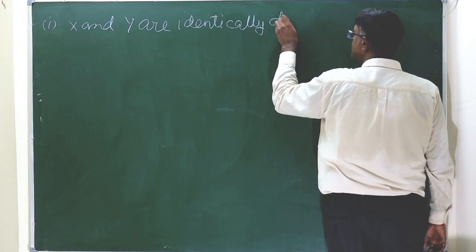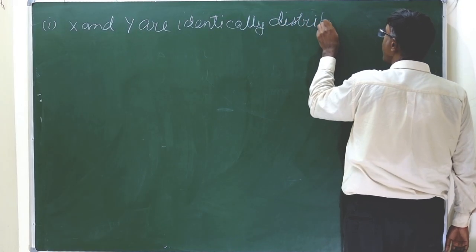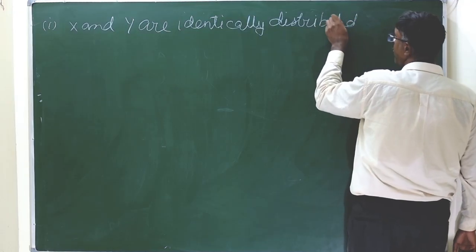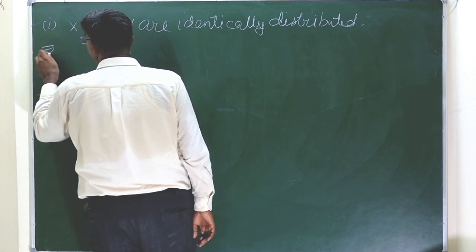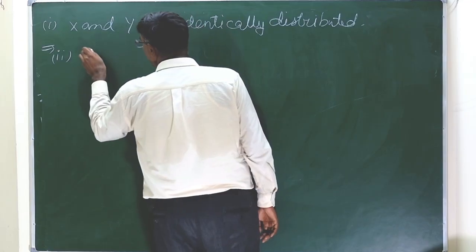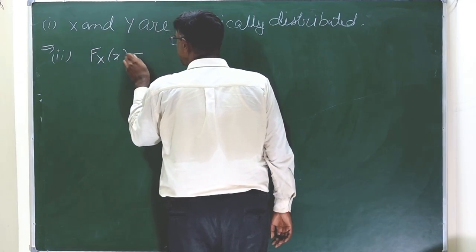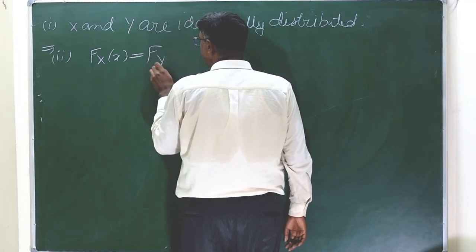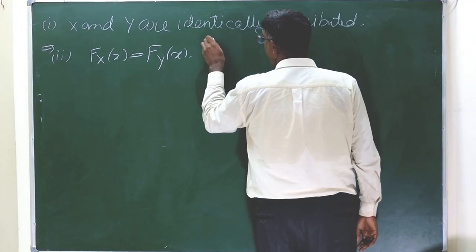If we are given this, then it implies the second statement: F of X at x is exactly equal to F of Y at x for all x.